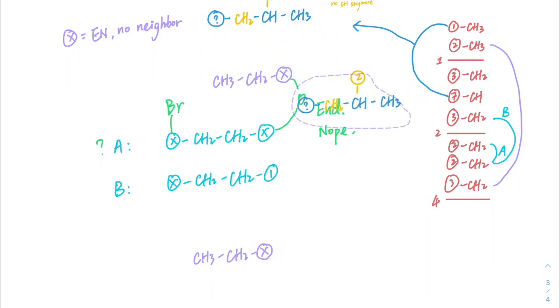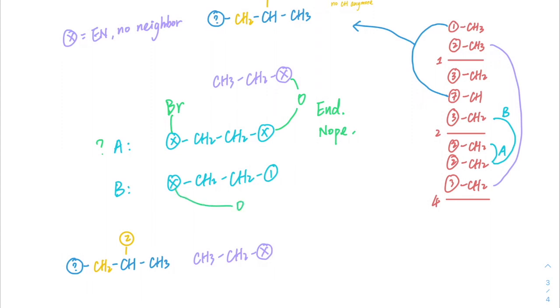So let's copy and paste the other two groups down here and try how possibility B works. If I connect this cyano group with my purple group with an oxygen, then it meets the requirements of both: it is electronegative and has no neighbors.